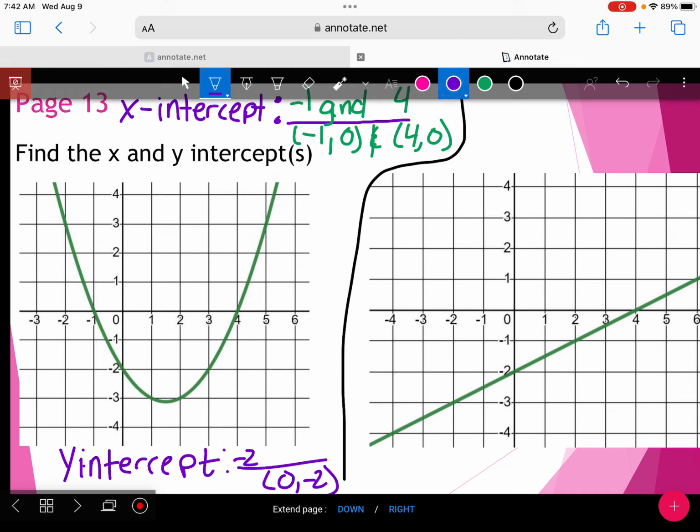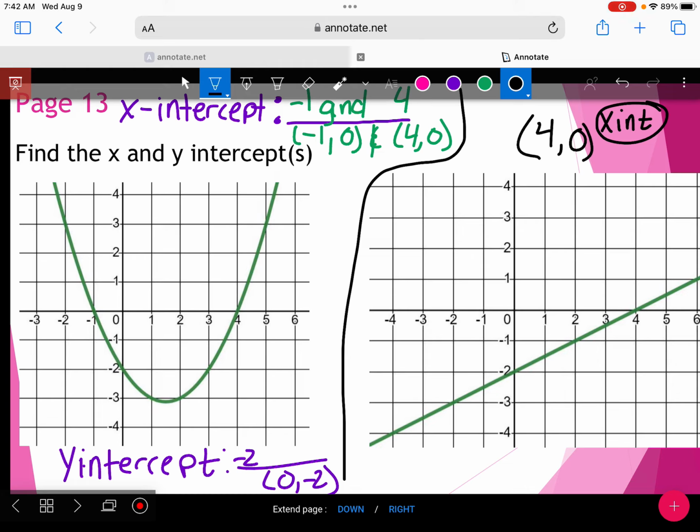So let's do x-intercept and y-intercept on our line, the linear guy. What is our x-intercept? 4. So let's go 4, 0. That's my intercept, and I'm just going to put x-int. X-intercept. Because I gave myself no space to write, because I planned ahead.